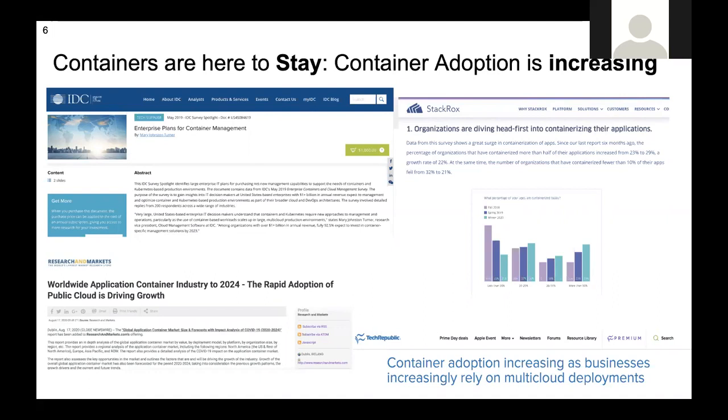And container adoption is just increasing. It's every company and every organization's strategy today to look at what their container strategy will be going forward, how we can start our container journey, how we can look at our applications and identify those that need to be containerized, and what would be the best mature, tested, trusted container platform that we can deploy on, and definitely what this container platform can help us achieve, and how it can take us to the hybrid cloud.